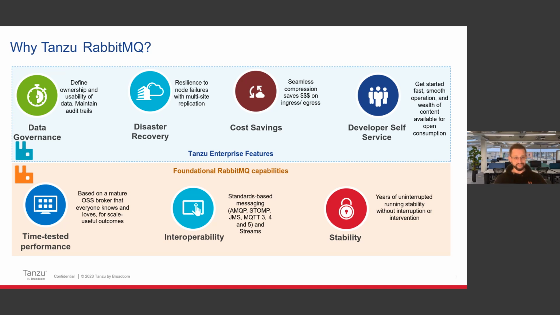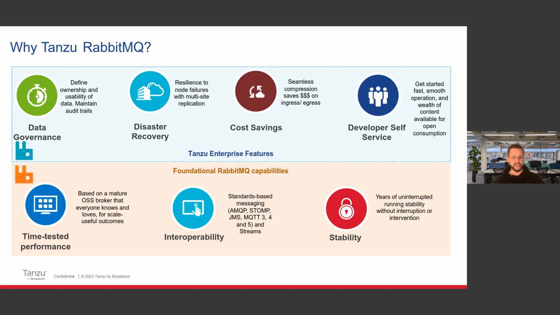Disaster recovery: there are additional capabilities around having resilience to entire deployment failures, and we'll go through how that works later. There's cost savings. The Tanzu RabbitMQ, I should say, contains compression, which allows you to save money when you're transferring data between availability zones. And finally, developer self-service.